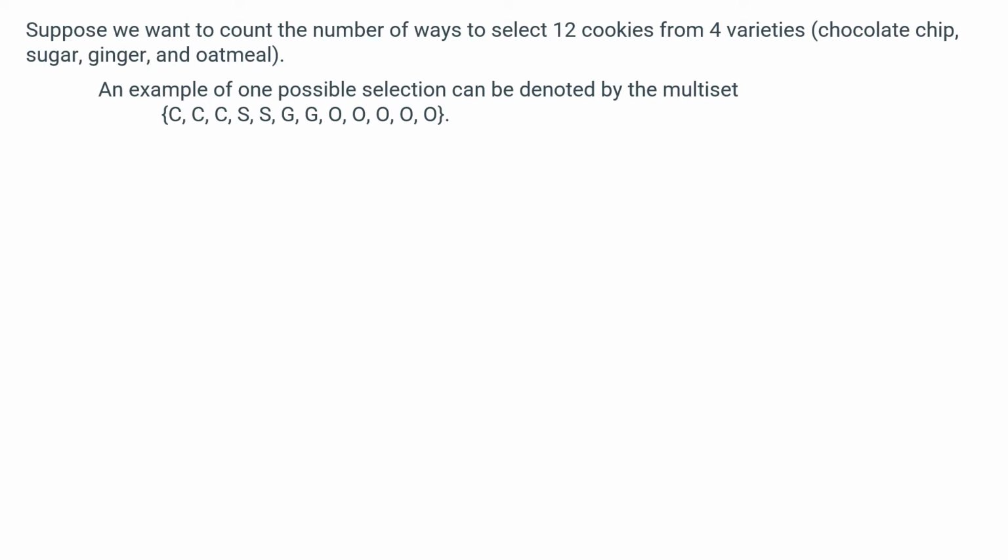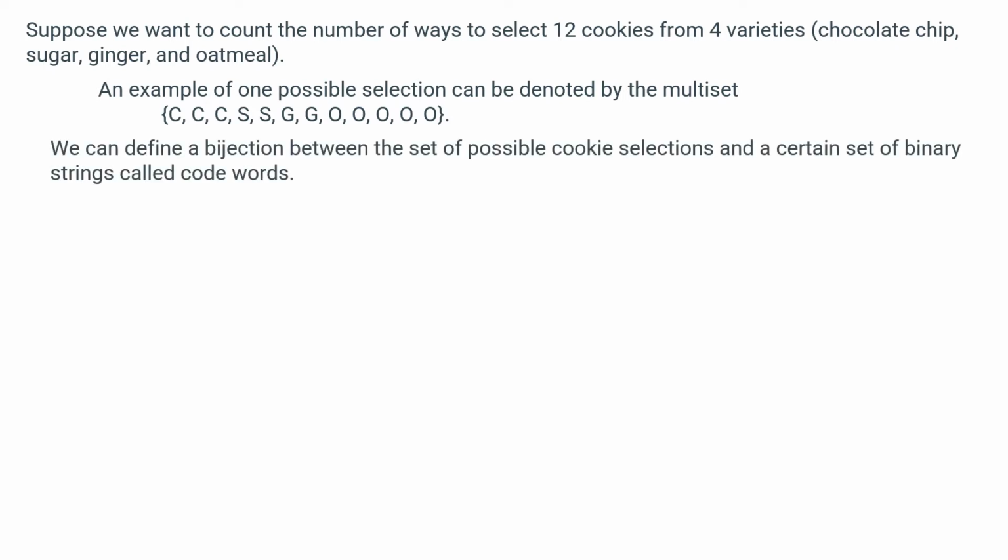That would just be one possible selection, but imagine that we have all kinds of possibilities there. Maybe we just have all of them being chocolate chip, so we would have 12 C's in there.